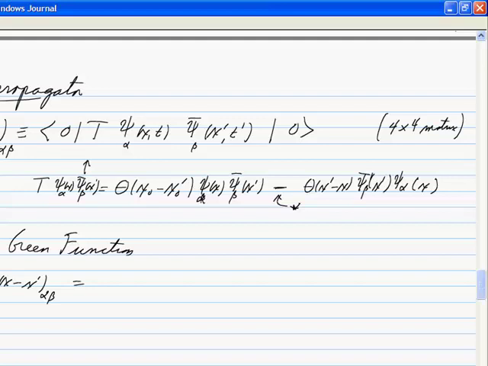So there's two pieces. There's one piece which is the time-ordered i del slash minus m psi, psi bar. And that one, of course, I'm going to set equal to 0. That's by the Dirac equation.